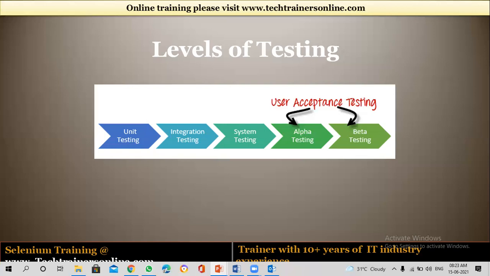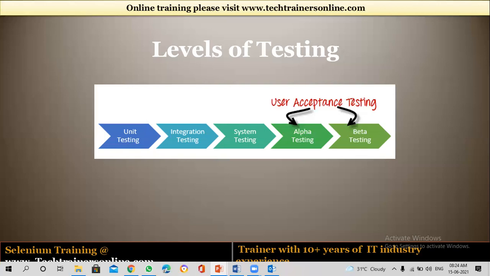So what do we mean by exit criteria? Exit criteria means when can I stop my integration testing and give it to system testing. That is called the exit criteria for integration testing. Obviously, the exit criteria of integration testing would be the entry criteria for system testing.